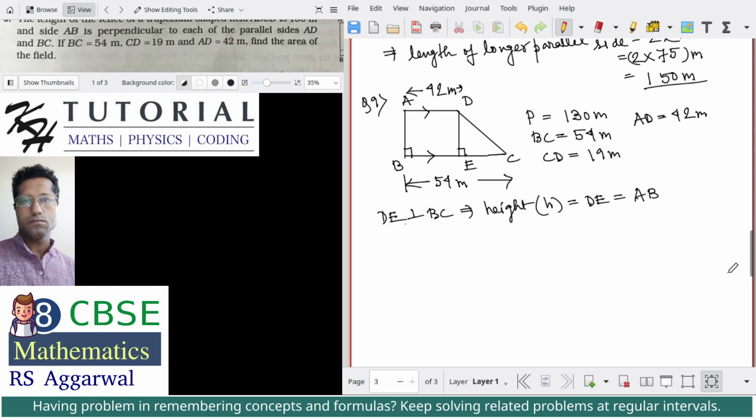Also, since AB is perpendicular to BC and DE is also perpendicular to BC, AB and DE will be parallel. So ADEB is a rectangle.